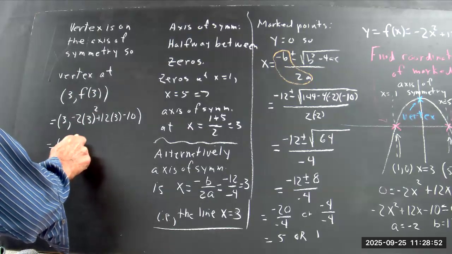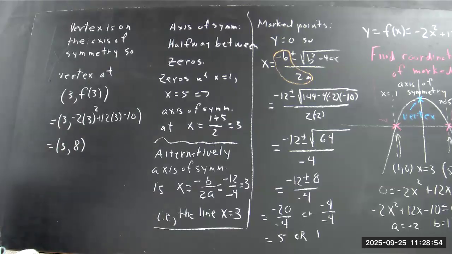So I believe the vertex is at the point 3, 8. Make sense? If you know that much about quadratic functions, then you're going to do okay when you have a test that asks you to do this, because the next test will ask you to do this.